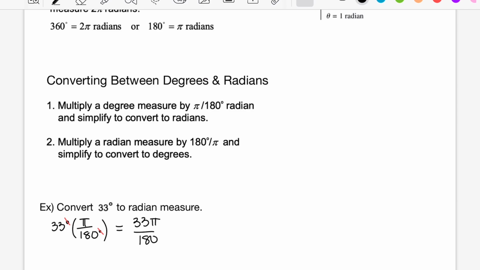Now to simplify this, we can divide the top and bottom by 3. We'll get 11 pi over 60. And so this will be approximately 0.58, rounding our final answer. So what we do here is we divide 11 by 60, and then multiply by pi, which is approximately equal to 3.14.